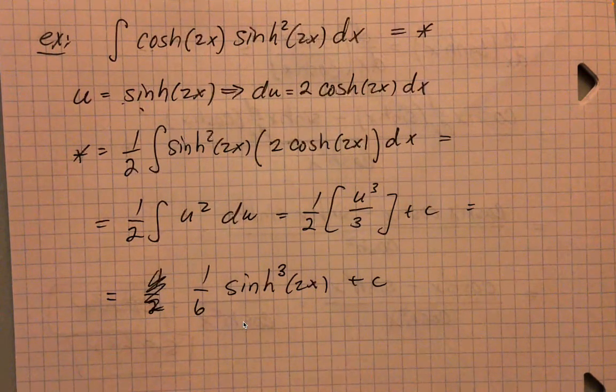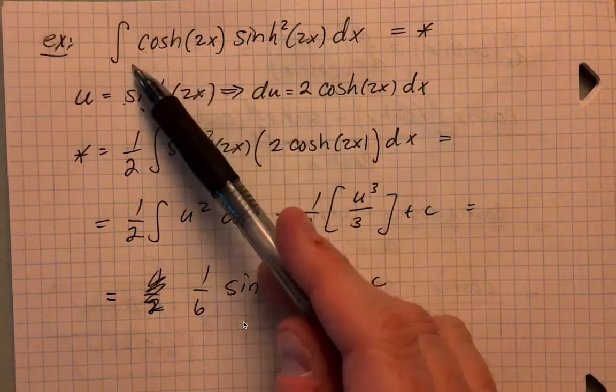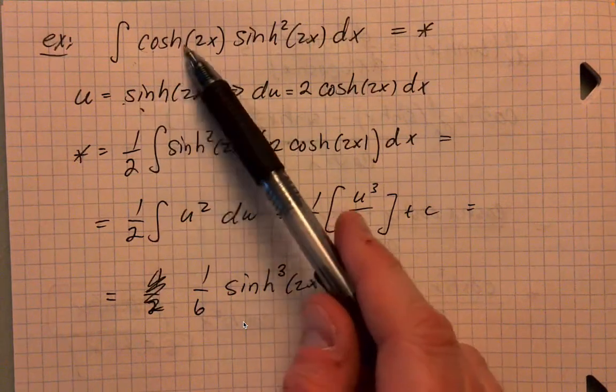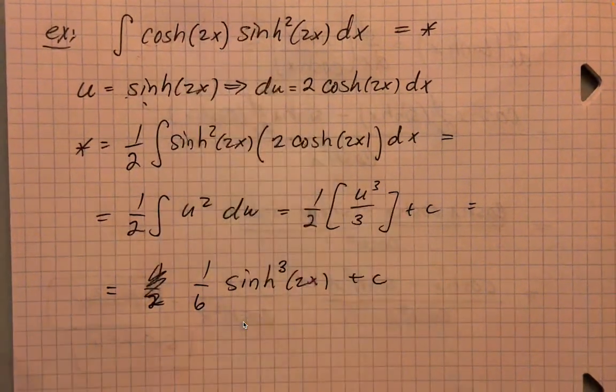Okay, so these functions are kind of weird, somewhat exotic, but the same integration techniques can be applied to them, right? We can still use u substitutions. We can do all of the algebraic tricks. It's totally possible, if you wanted to, to convert this to e to the x, if that's convenient, and integrate then.